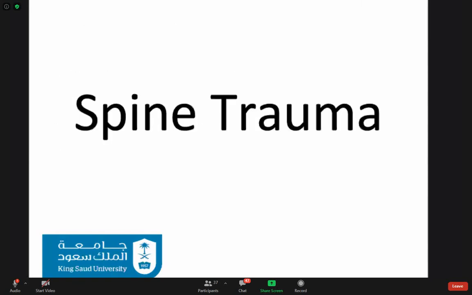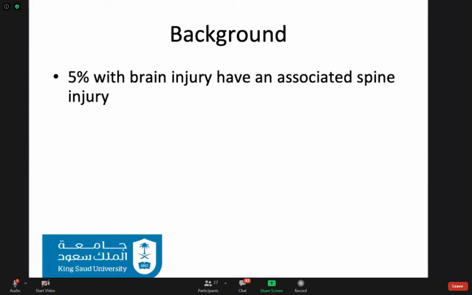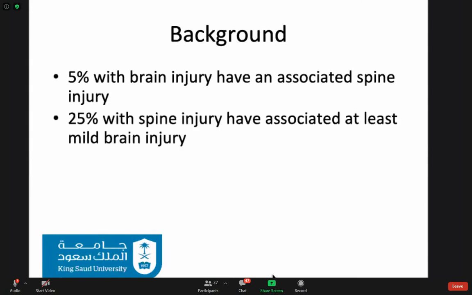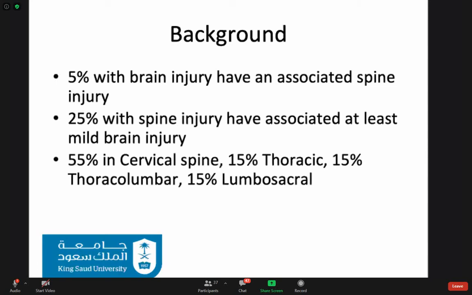So we'll talk about the spine trauma now. A little bit of background, something to know: 5% of patients with brain injury have an associated spine injury. So that's something to keep in mind. And then 25% of patients with spine injury have at least mild brain injury.